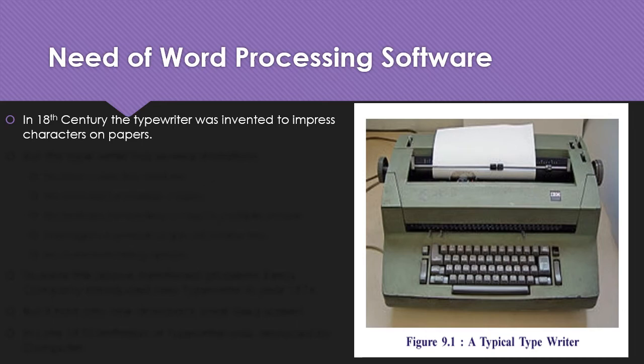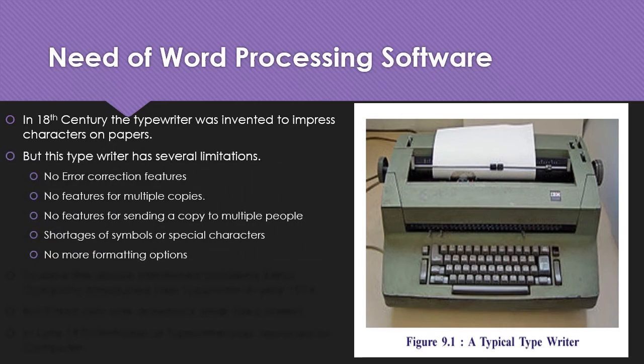Nowadays, if you go to places where people are dealing with plots and properties, some people are sitting with a typewriter machine. So the first typewriter was invented in the 18th century. That was better than writing by hand on paper.